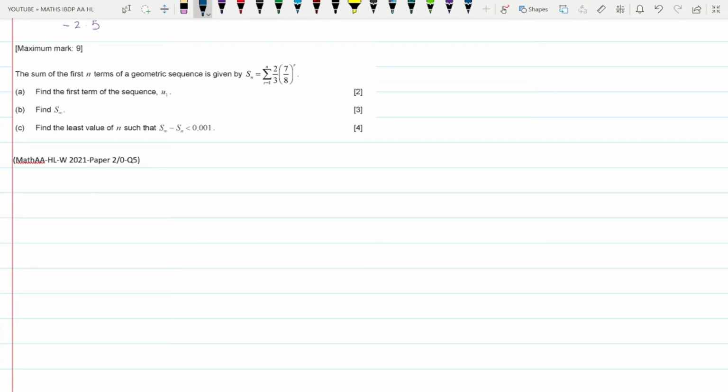The sum of the first n terms of a geometric sequence is given by this. Find the first term of the sequence, u1. The thing to remember is S1 will be equal to u1.